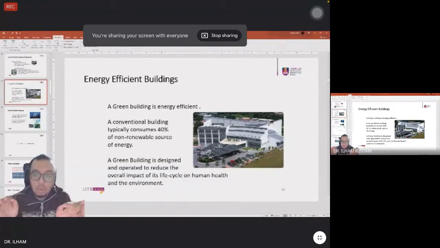So there is no light, but you will still be able to take an exam there. I mean, to answer exam questions, you have to be able to see the question, right? If not, it is on the wrong side of the question setter. If it is dark, how do people answer the questions? But for this building, there is no light, there is no lamp, but everything is cool. They use this natural lighting concept and also natural cooling concept.